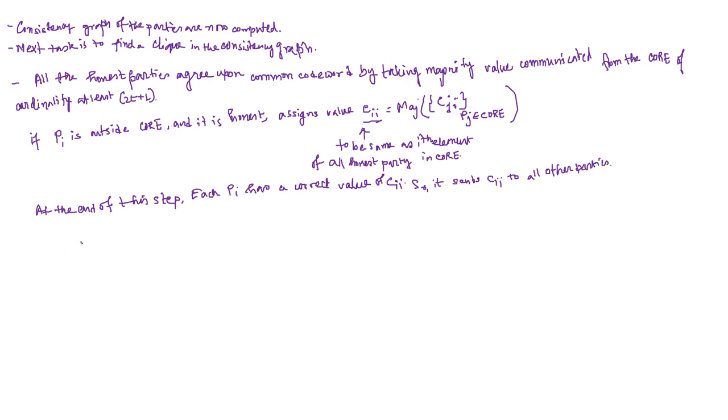Now let's say there are p1, p2, p3 and p4. So p1 will send the value of c11 to everyone, right? Similarly, p2 will send the value of c22 to everyone.